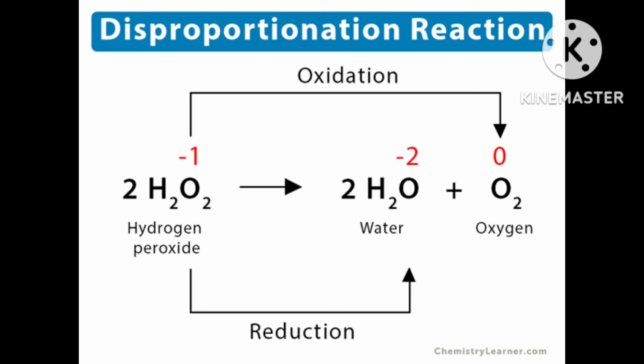Now the next example is sulfur, S8. S8 is also a solid, so the oxidation state is 0. S8 plus 12OH minus: hydroxide ion means alkaline medium.